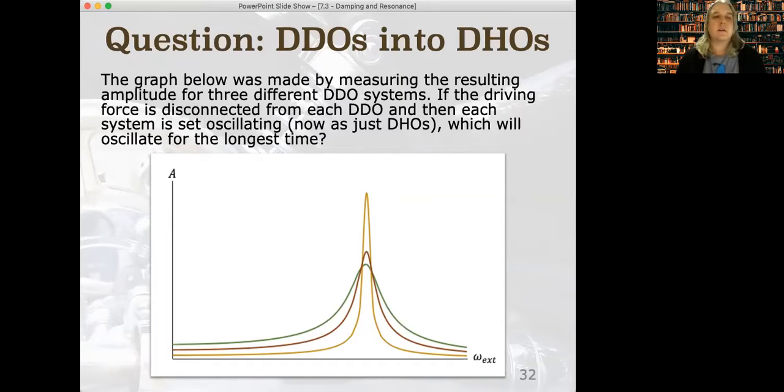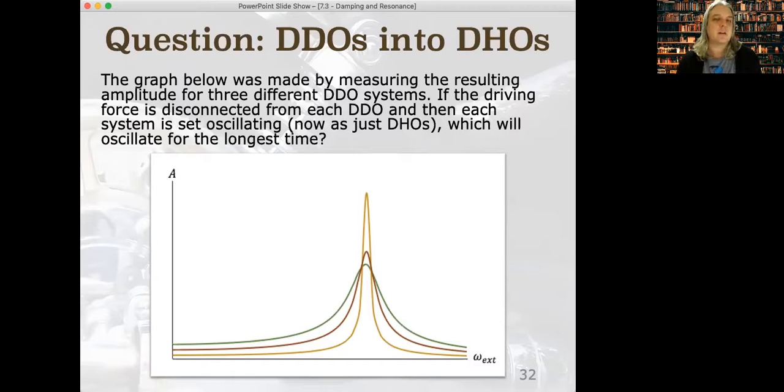And the question is simply, once all this investigation has been done and we've figured out this graph, so we know these are the resonance curves, if we then disconnect the driving force, the driven part of the system, so it's now just a damped harmonic oscillator, and we set each of them oscillating, giving them each the same amount of energy, which will oscillate for the longest time?